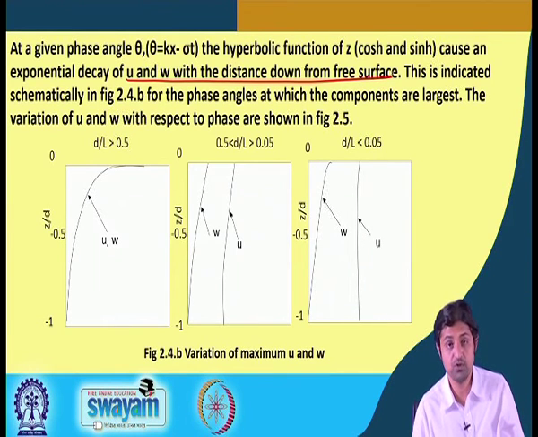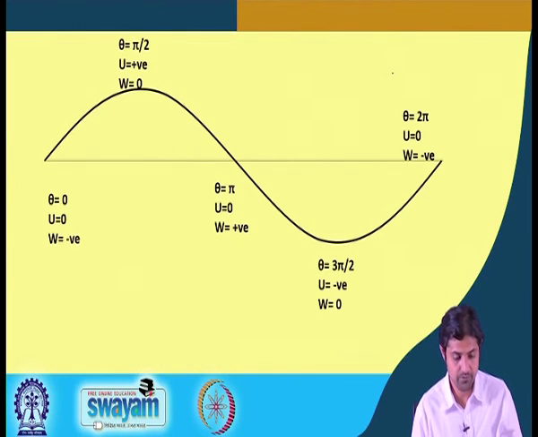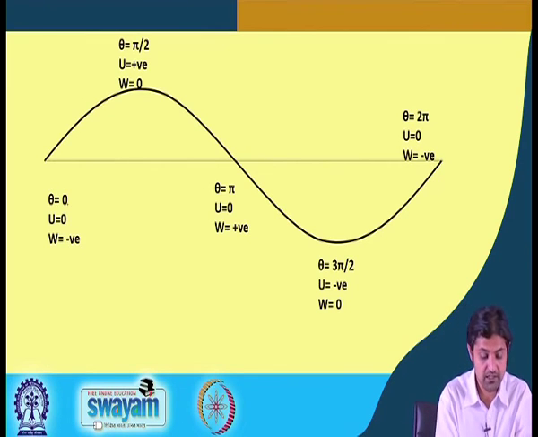variation of maximum u and w. If we take a phase angle fixed, whatever that is, that does not really matter, because it will be the same for different z. The periodic term will be the same, because cos theta or sin theta will remain the same. So, here the phase angle assumed to be 0, theta is equal to 0, u is equal to 0 and w is negative.